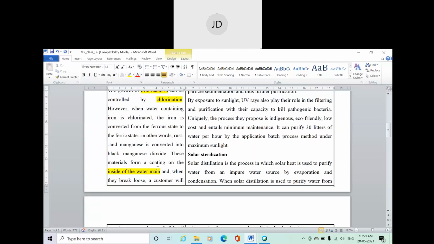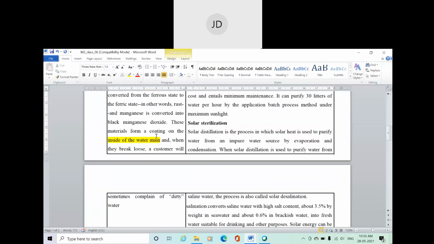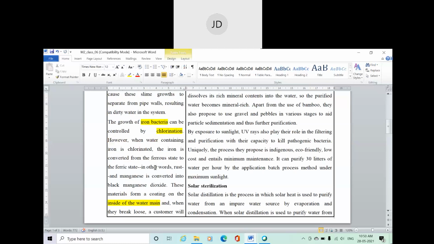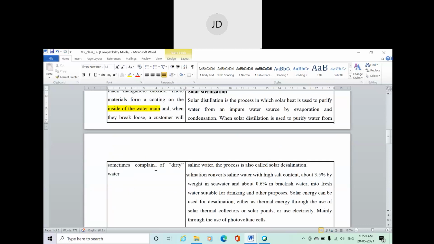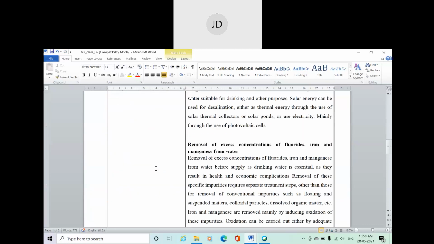Okay, so yeah, it will also resist the required velocity or water speed. Fine. So we can also go for reducing the amount of iron and manganese from the water. Clear?